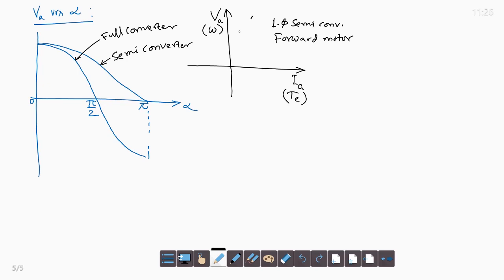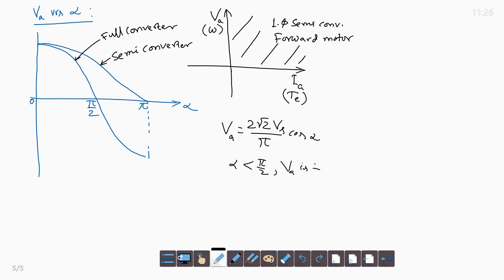So in the first quadrant only forward motoring, whereas in a single phase full converter VA is 2 into root 2 Vs by pi cos alpha. So if alpha is less than pi by 2, VA is positive. If alpha is more than pi by 2, VA, the average output voltage, is negative.